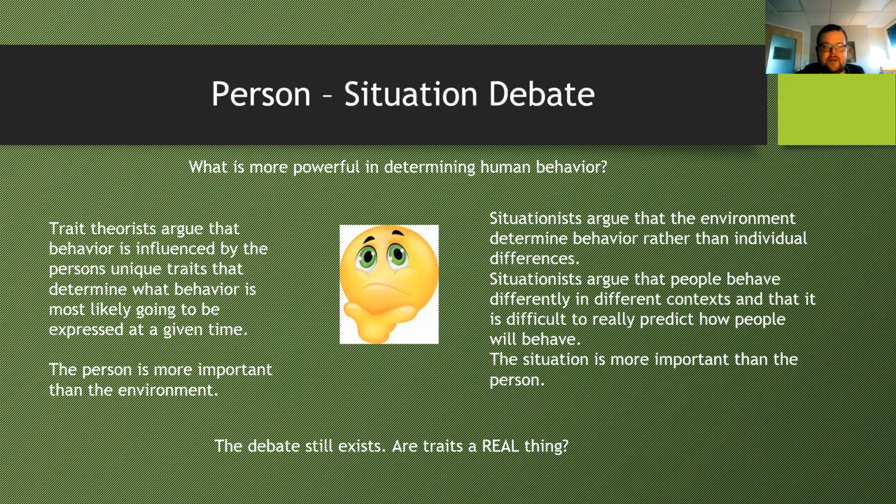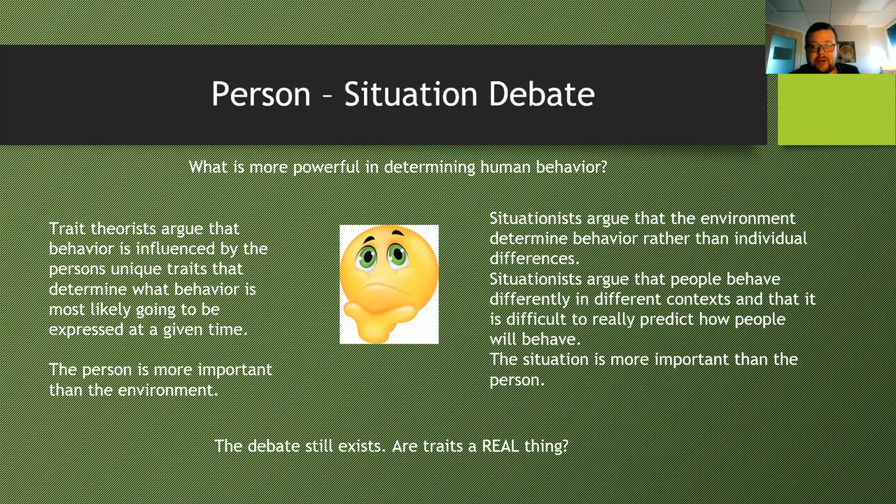So trait theorists argue that behavior is highly influenced by your own personality, your own unique traits that determine what behavior is more likely going to be expressed at a given time. Because again, traits are relatively consistent, right? So if they're relatively consistent, it means that no matter what's happening in the environment, you're most likely going to express a trait.